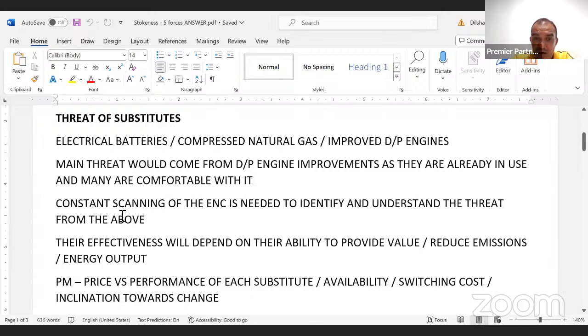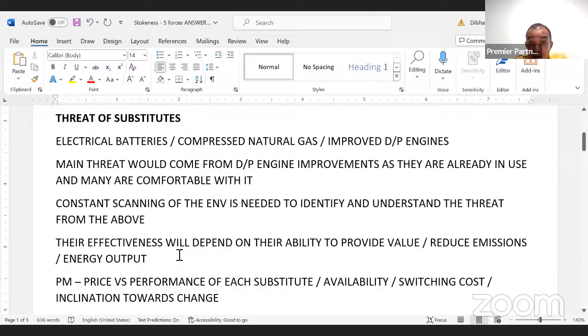Constant scanning of the environment is needed to identify and understand the threat from the above substitute. You need to constantly scan because people are coming up with new products. Hydrogen fuel cell, hybrid, batteries, right?